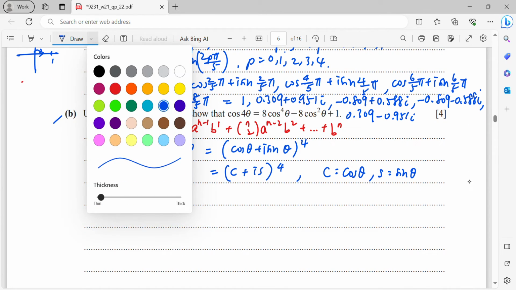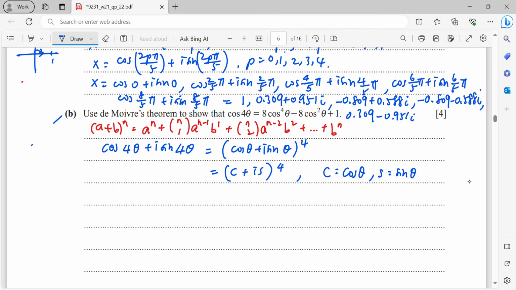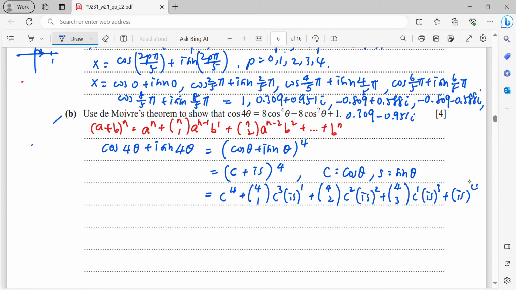So now here I'm using the binomial expansion. So this is going to be c to the power 4 plus 4C1 c cubed (is) to the power 1 plus 4C2 c squared (is) squared plus 4C3 c (is) cubed and lastly (is) to the power 4.